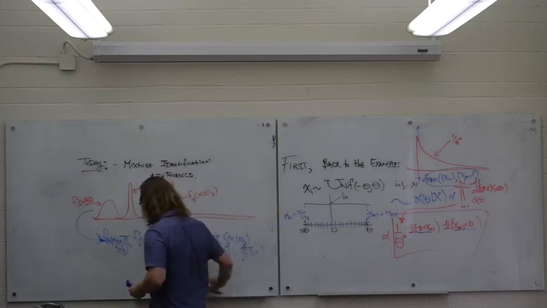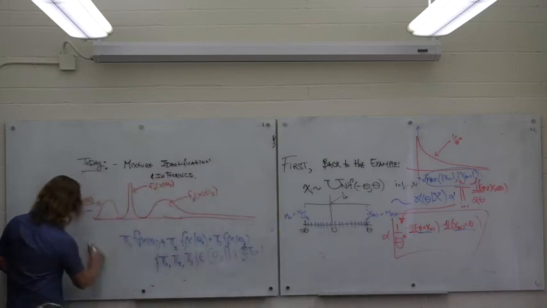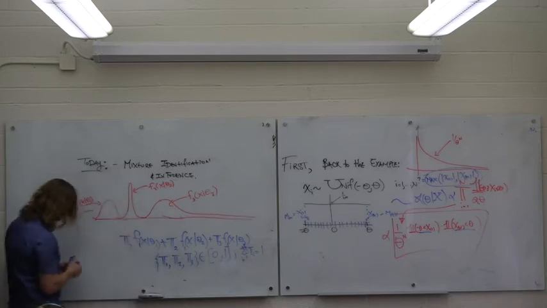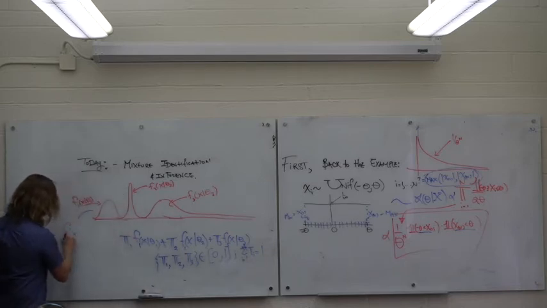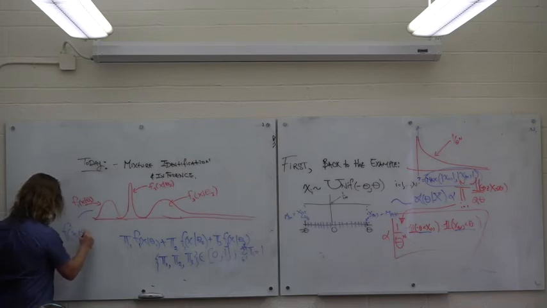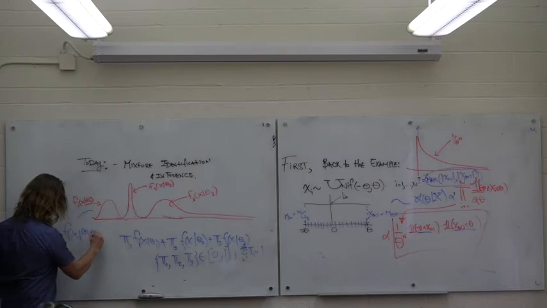Let me back that up one more time. Given all of these various parameters, so I've got theta 1, theta 2, theta 3, and I've got my pi's.